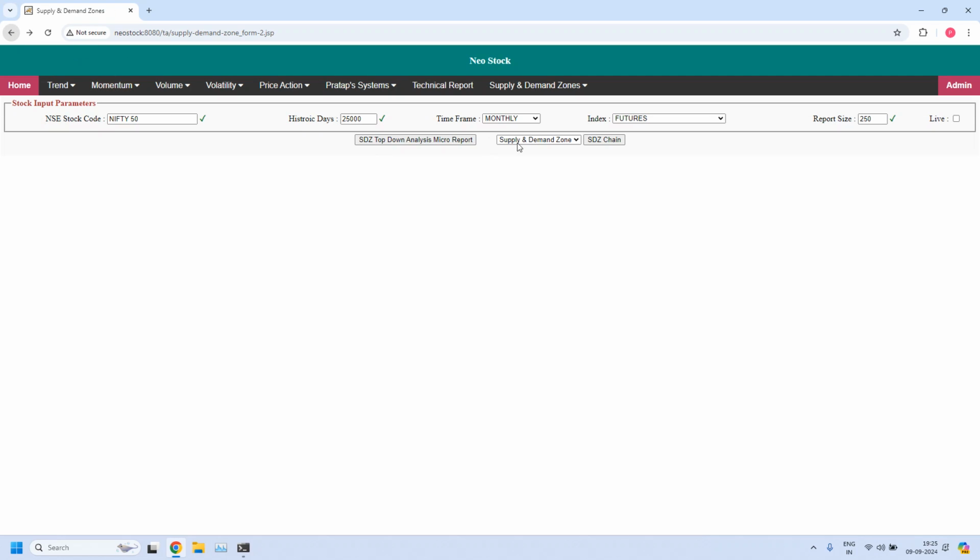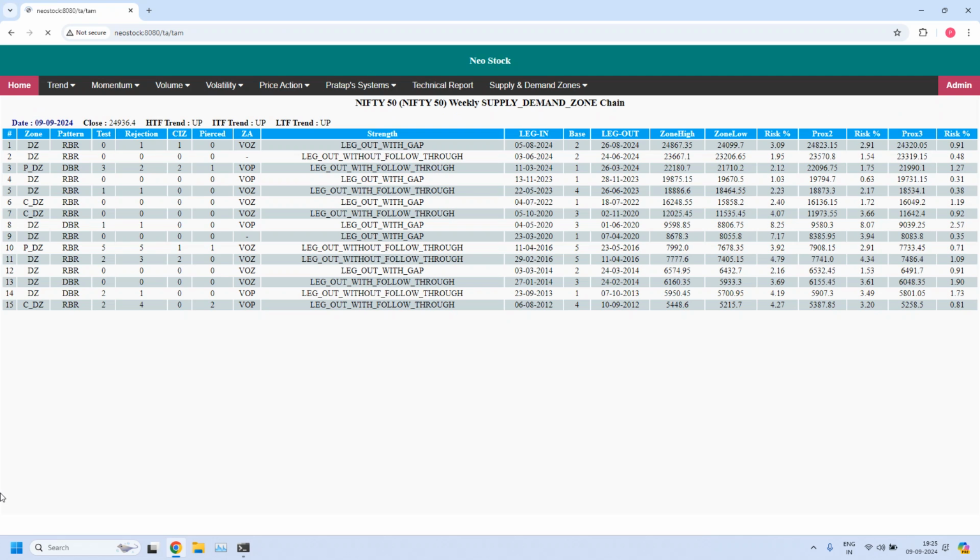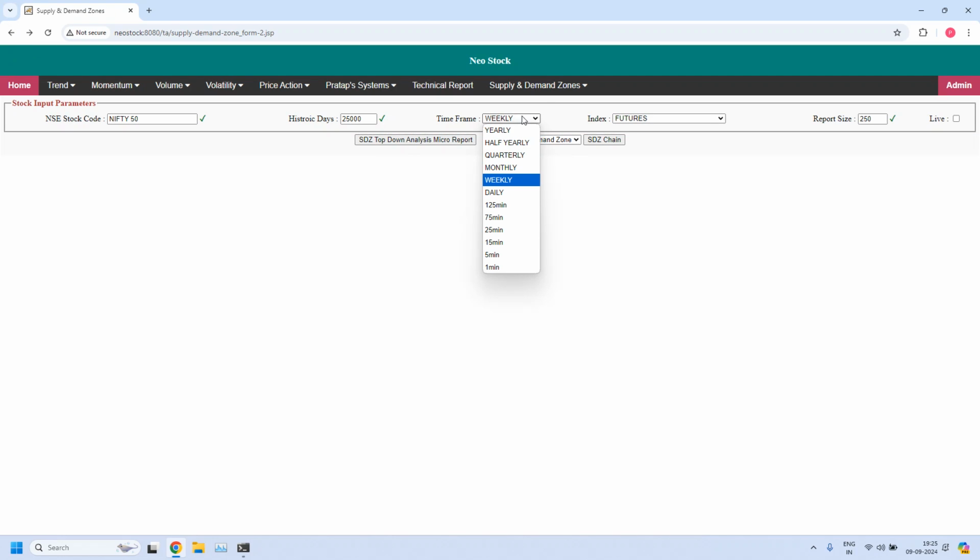Okay, the next time frame is weekly. I'm generating the weekly supply demand zone chain for Nifty. Next time frame is daily, generating the daily supply demand zone chain for Nifty.